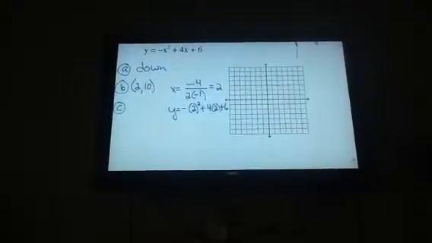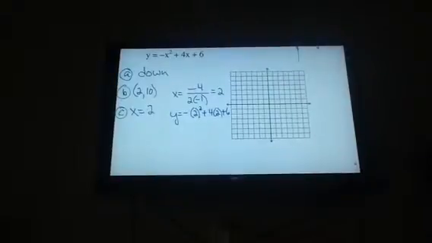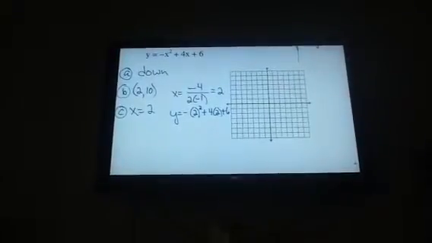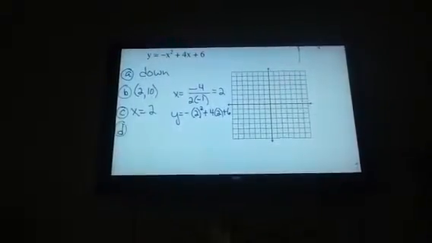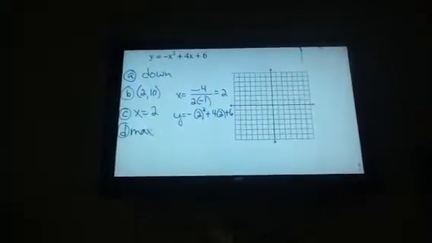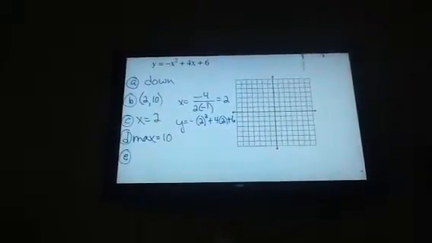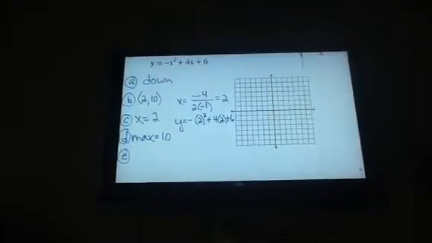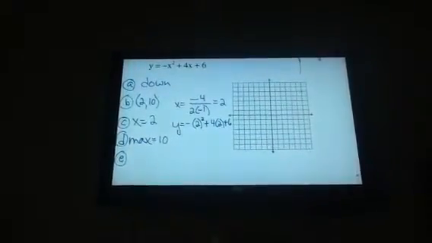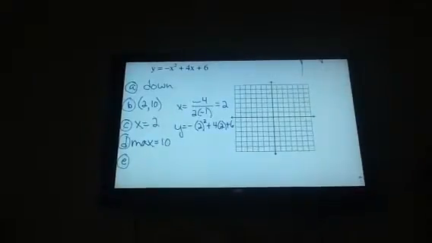Line of symmetry: x equals the x value, which is 2. Max or min, because it opens down, it has a max. The max is always associated with the y value of the vertex, 10. Now I'm going to write this one time, and I shouldn't have to write it again because you should see it very quickly.